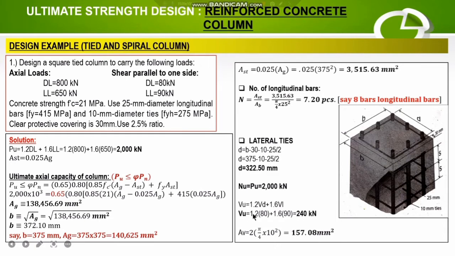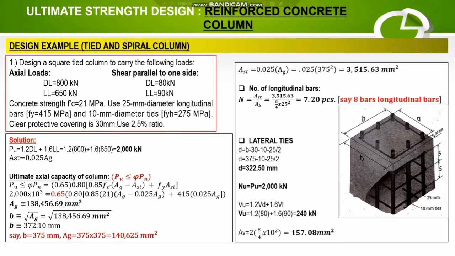So V sub U is equal to 1.2 times 80 plus 1.6 times 90, which is equal to 240 kilonewtons.